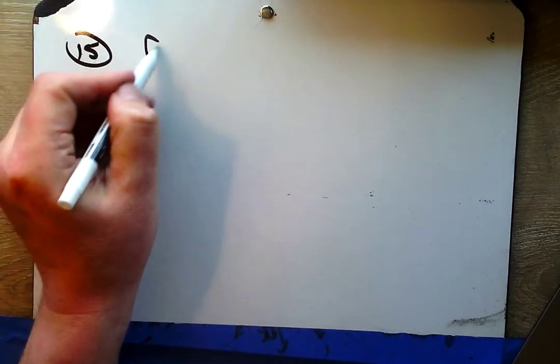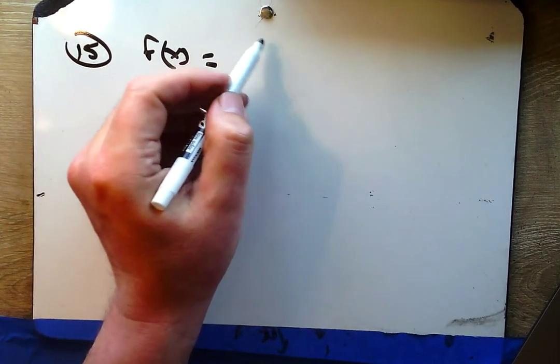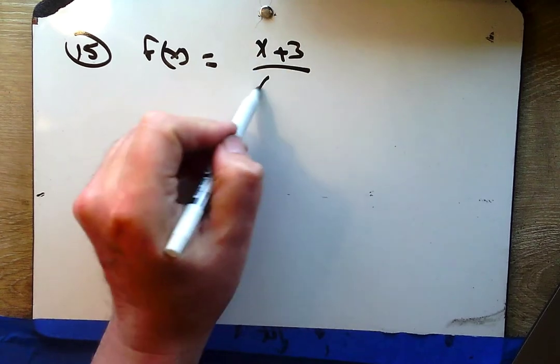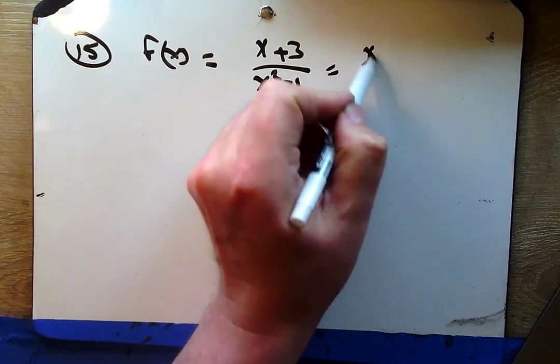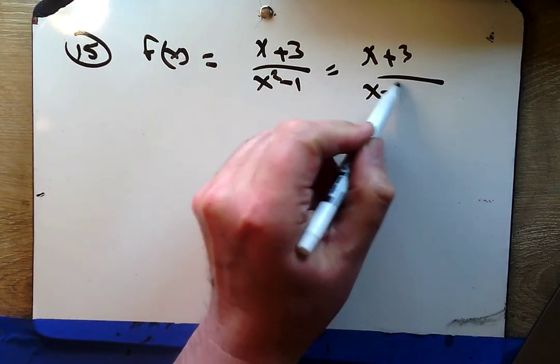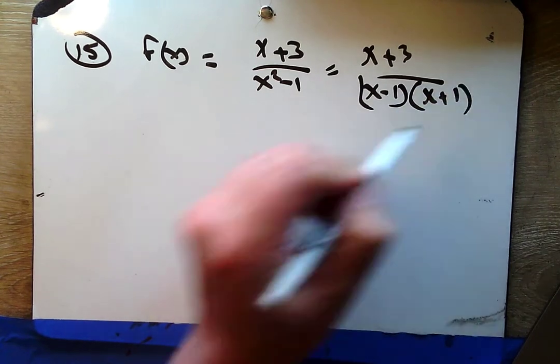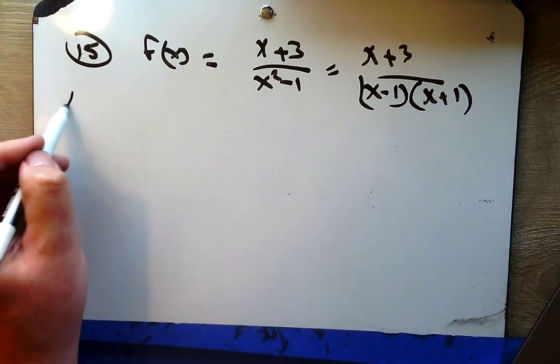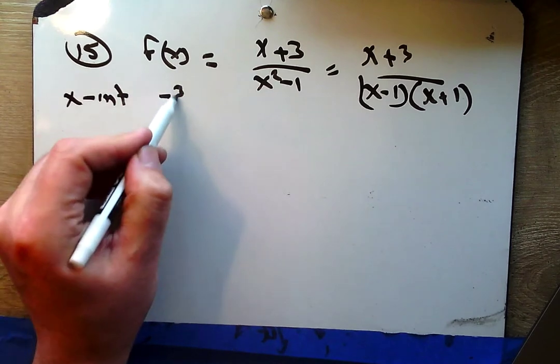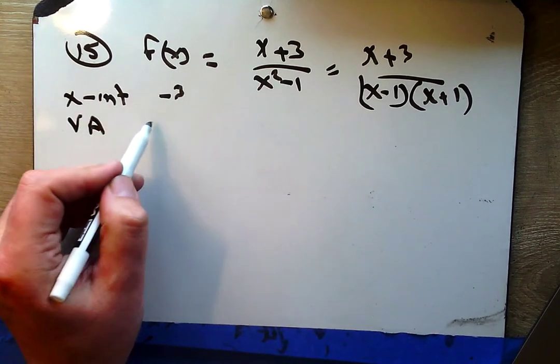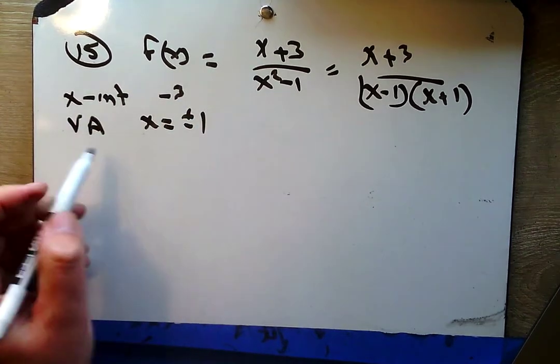Okay, 15. What's 15 look like? 15 says f of x equals x plus 3 over x squared minus 1, which is the same as x plus 3 over x minus 1, x plus 1. So we've got an x-intercept at negative 3. We have vertical asymptotes at x equals plus and minus 1.